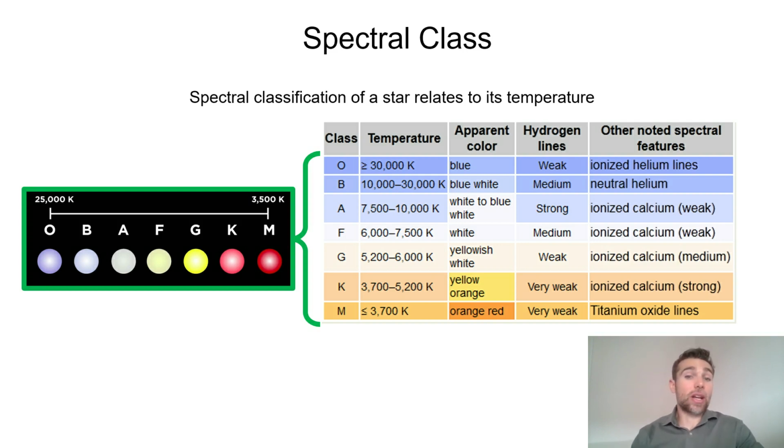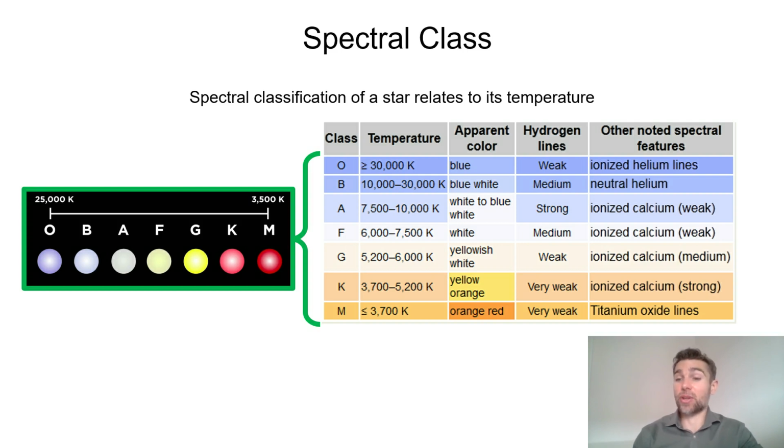So you can get it directly from the temperature, their apparent colour, but also you can look at features in their spectrum. So how strong their hydrogen lines are, so like the Balmer series, are they deep, are they not, and other notable features. So for example, very hot stars, like O-class stars, these have ionized helium lines, whereas the very cool stars, they're actually cool enough to have molecular lines in their spectrum.